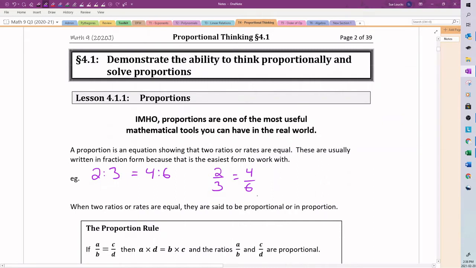And if you're thinking, geez, those just look like equivalent fractions, you're not wrong. The difference is, a couple of differences. One is that you're never going to write a proportion as a mixed number.